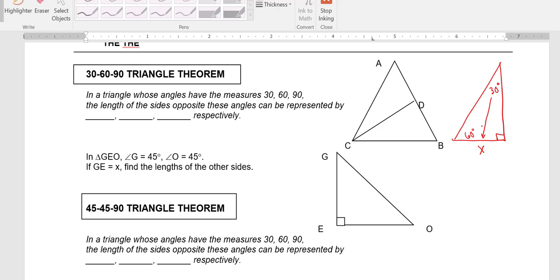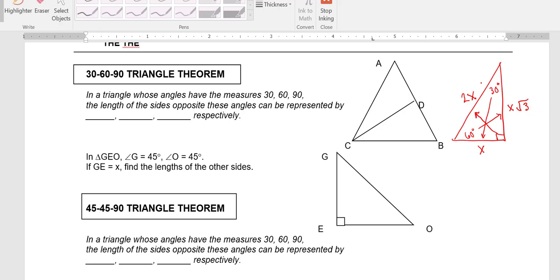The side that's opposite of the 60 is related to that x in this way. It is x multiplied by the square root of 3. And the side that's the hypotenuse, the side opposite the right angle, is also related to the x in that it's just double the x, so 2 times x.